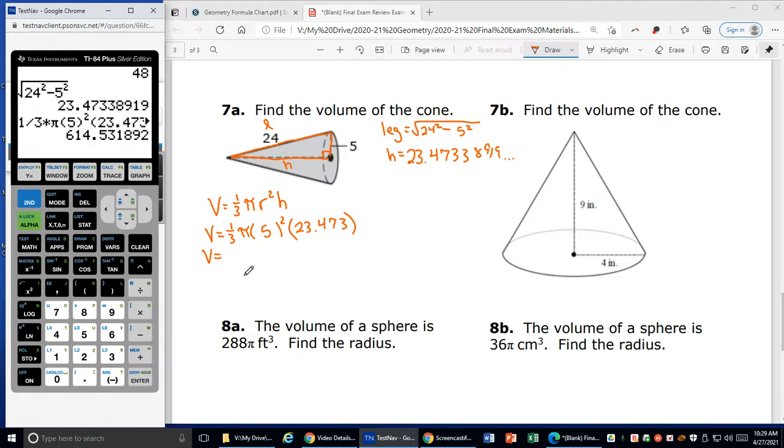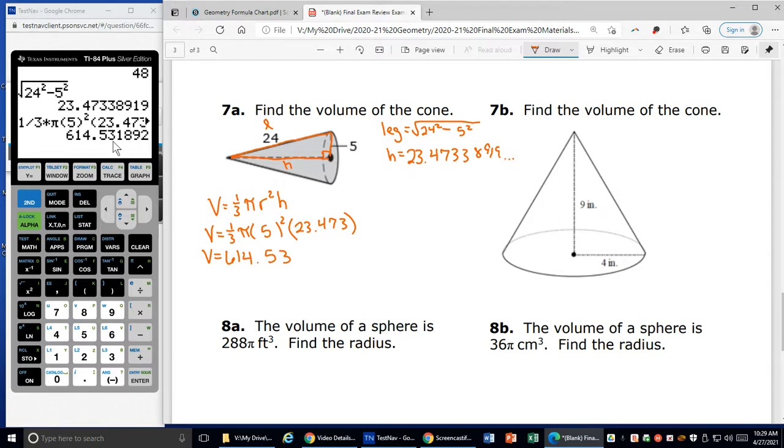And when I hit enter, I get 614.53. I'm going to round this correctly, so 532. And I don't have units here. This is units, and it's volume, so it's cubed.